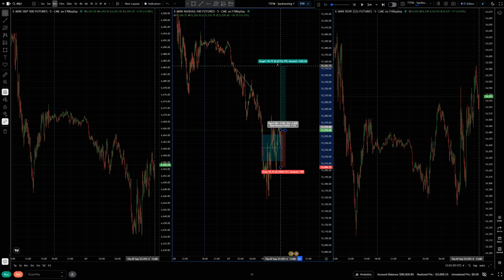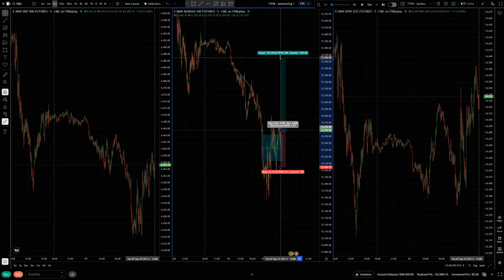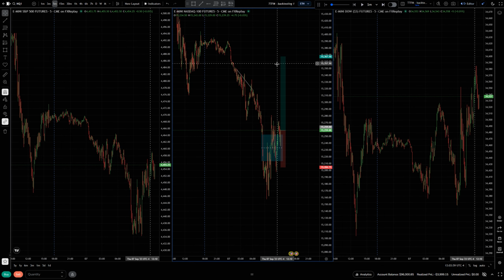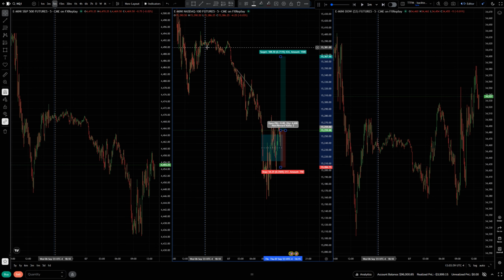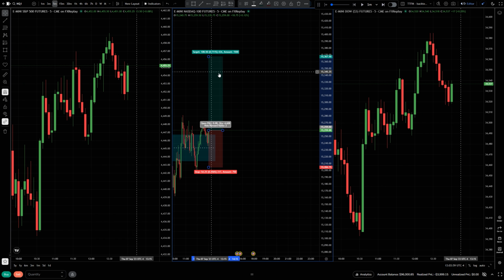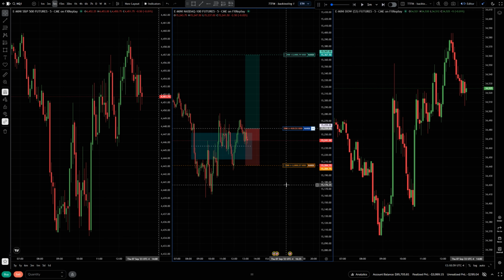And we can basically target, let's target these fair value gaps here, or let's just shoot for a 2-hour trade, closer to the day open. So let's just market order this.